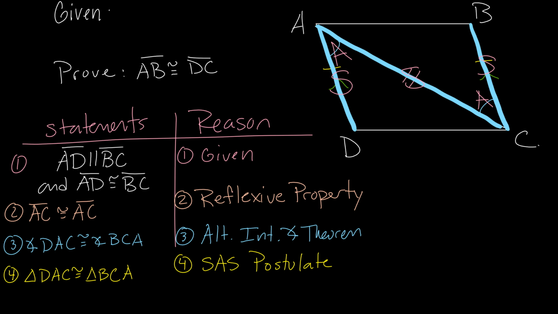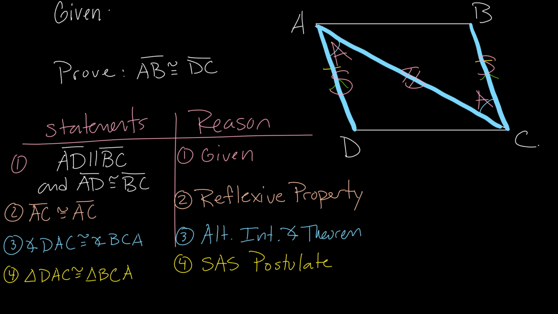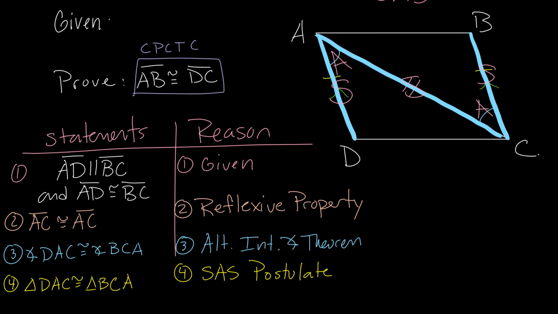What did it ask us to prove here? So, this right here tells us that this is what type of proof? CPCTC. So, are AB and DC corresponding sides?